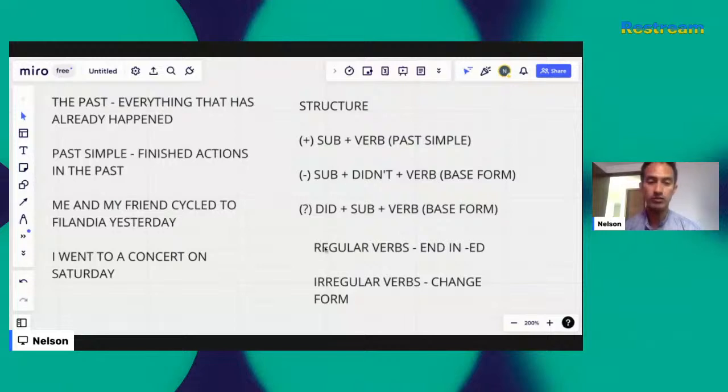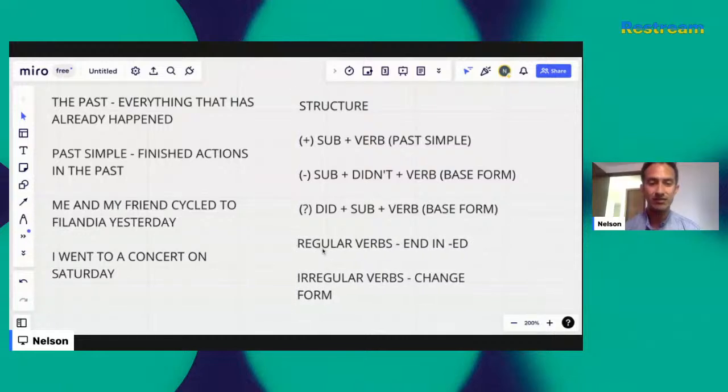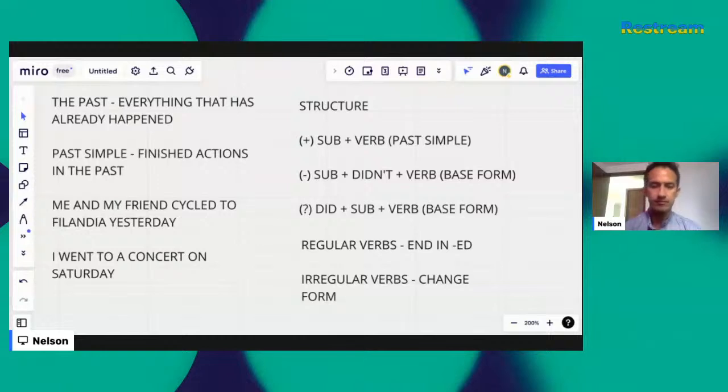What I do want you to do is go and visit the lists of verbs that I gave you last time. If you don't have them, I will send the links again to your emails.